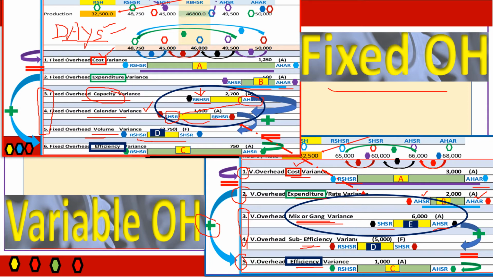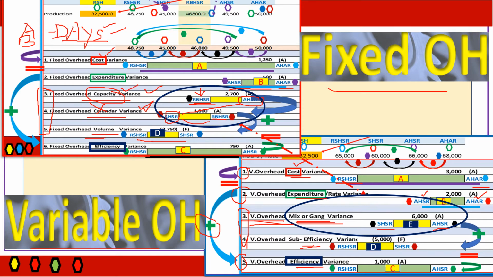But the moment there is a difference between actual days and budgeted days, the variance will be split into two, capacity and calendar. Calendar variance is calculated by introducing revised budgeted hours for the different days. If the days are the same, there is no calendar, there is only capacity.